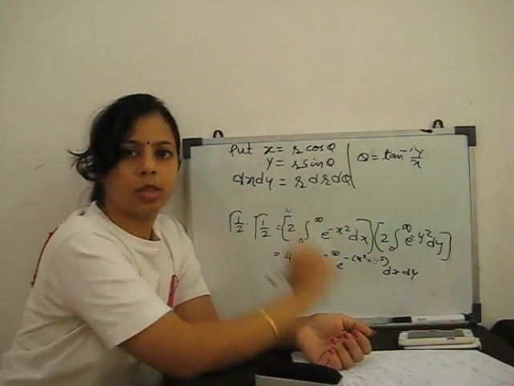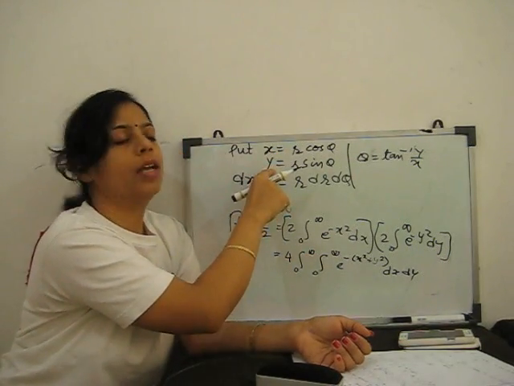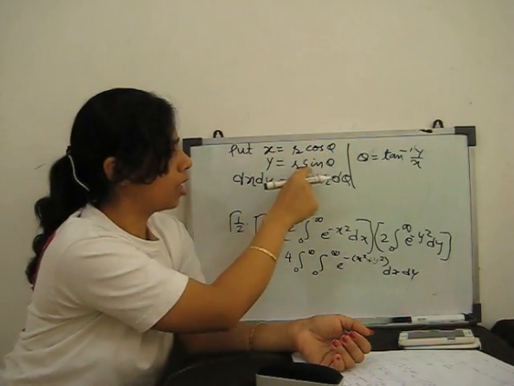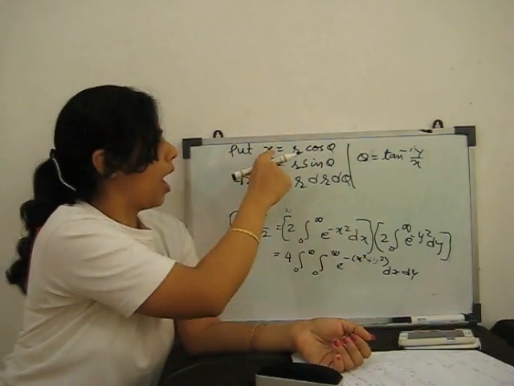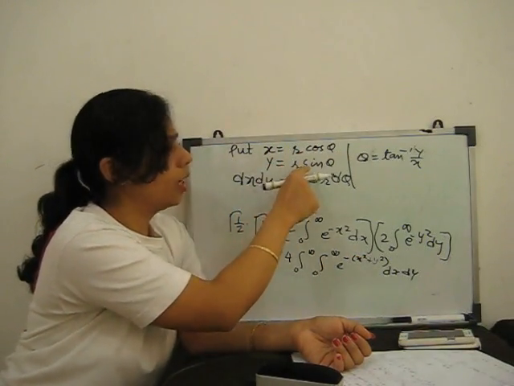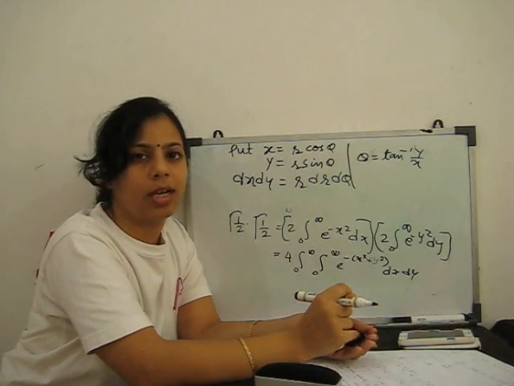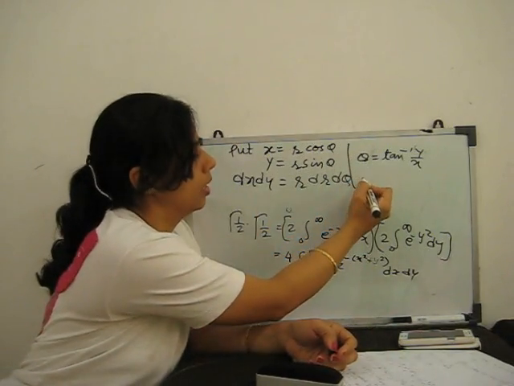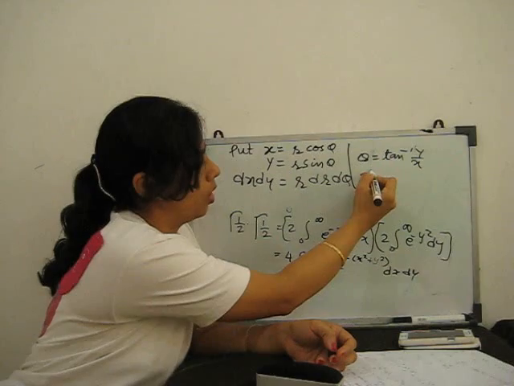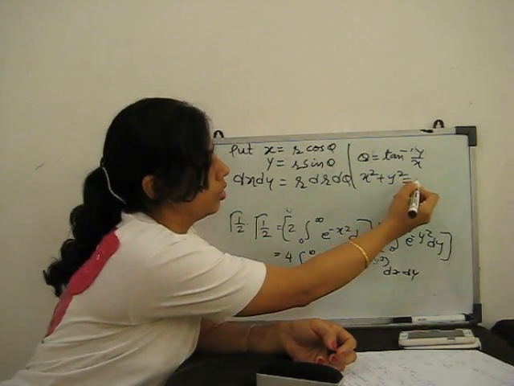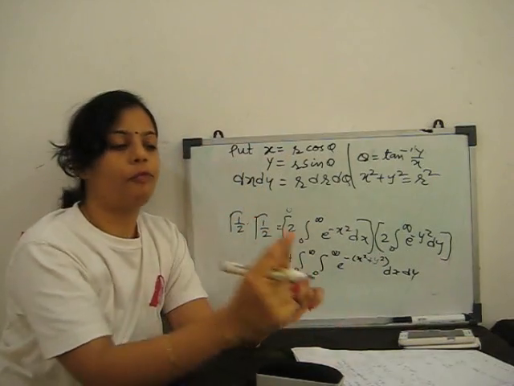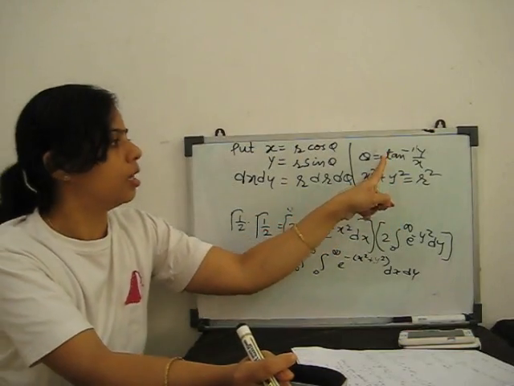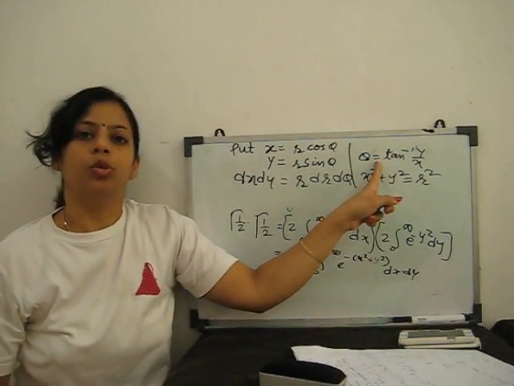For r, if we square these two equations, x square is equal to r square cos square theta, y square is equal to r square sin square theta, and adding, x square plus y square is equal to r square (sin square theta plus cos square theta). Definitely you know sin square plus cos square is equal to 1. Very good. Then x square plus y square equals r square. So for finding the limits in terms of r, we use this equation. For finding the limits in terms of theta, we use this equation.